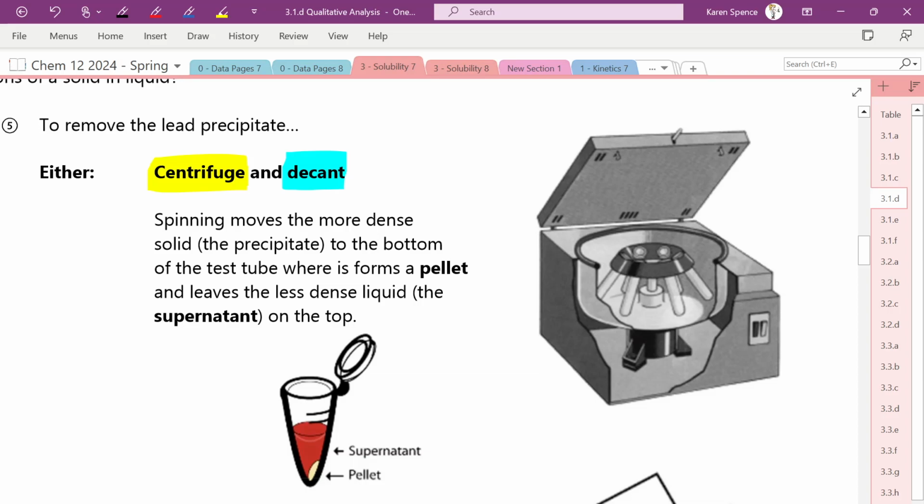The supernatant. Super is a prefix meaning above. The supernatant is the liquid.